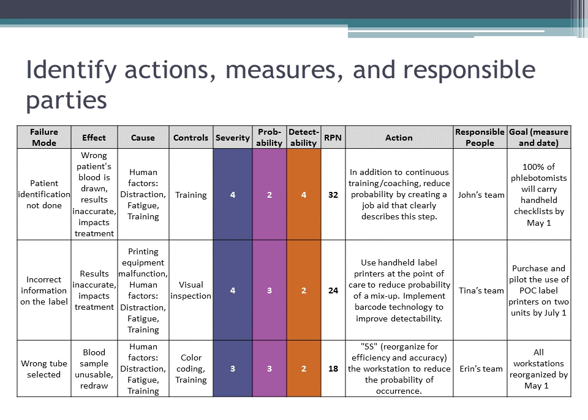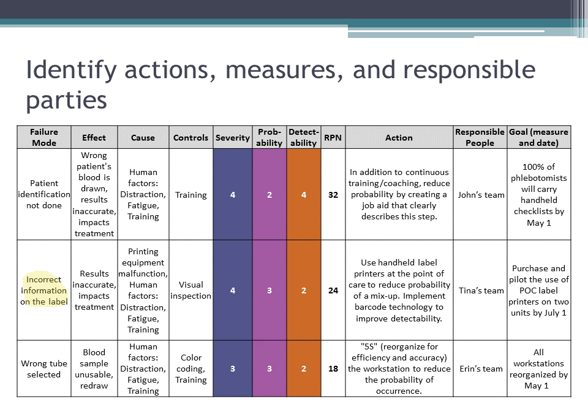So for example, one of our failure modes was that the tube label had incorrect information on it. That would be this one. We said that printing equipment malfunctions and inefficiencies could cause this to occur.